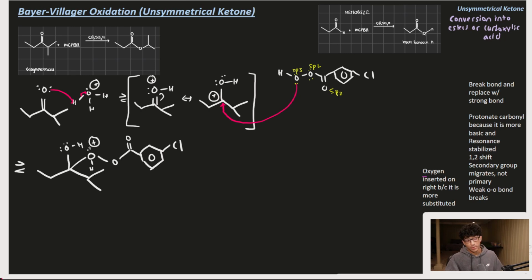We want him to be neutral, right? So what we're gonna do is we're gonna take water. Water's gonna come in since we formed water here, but water is always gonna be the one that takes away a hydrogen. So if I draw in a different color, water, he's gonna come here, and he's gonna take that H.